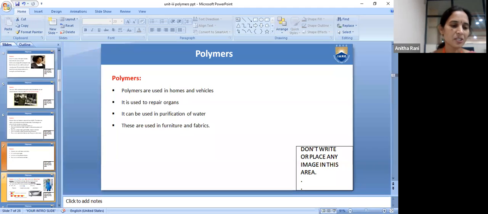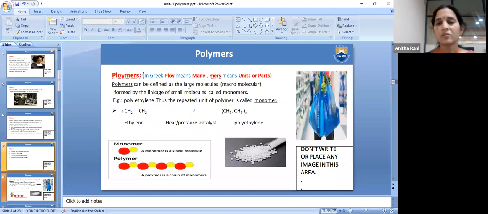Now, we know that polymer is a Greek word. In Greek, poly means many and mers means units or parts. We cannot say whether it is 100,000 or lakhs, so we just write many.